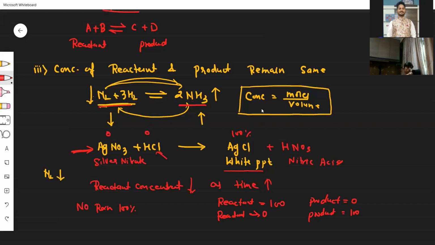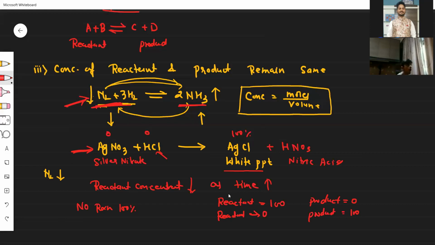The upper one is valid for the equilibrium condition, where you can see there is a forward and a backward reaction. Whatever the concentration of reactant is at the beginning, as time proceeds the concentration of that reactant and the product will stay as it is. There is no change, because whatever is disappearing, the same amount comes back from the product.